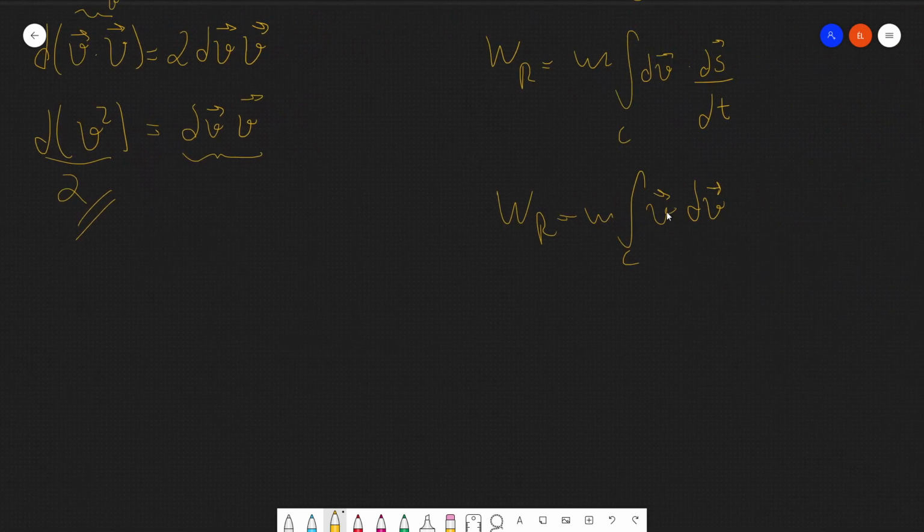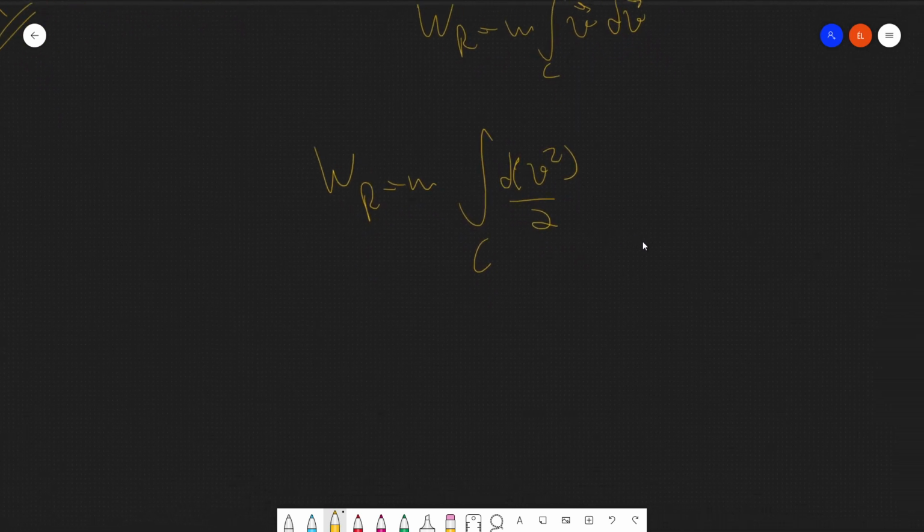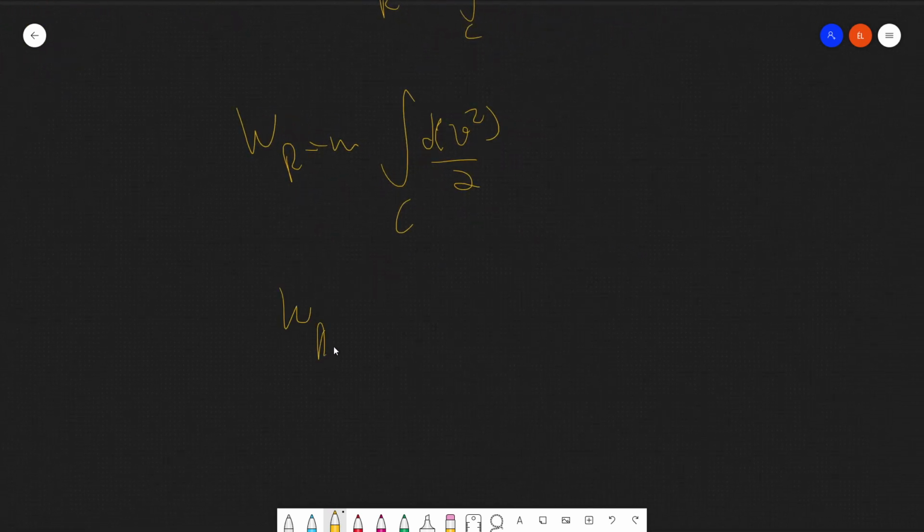So I can just substitute this into this, right? So work equals mass times the path integral of d(v squared over 2). 2 is a constant, so we can just take it out of the integral. So m over 2 times the path integral of dv squared.